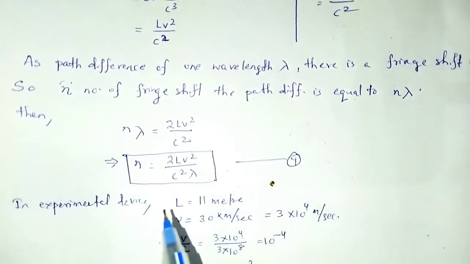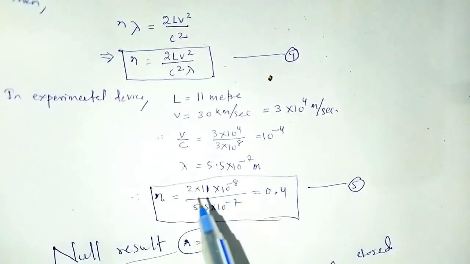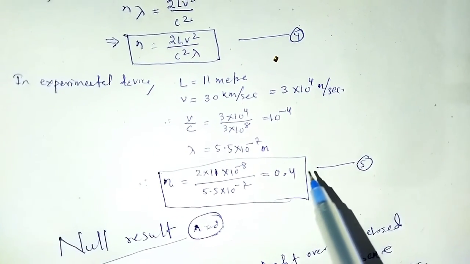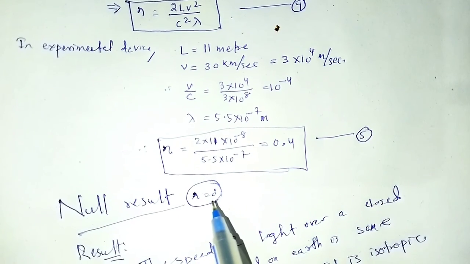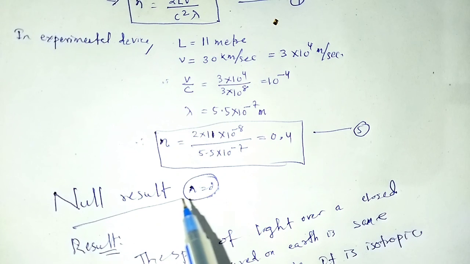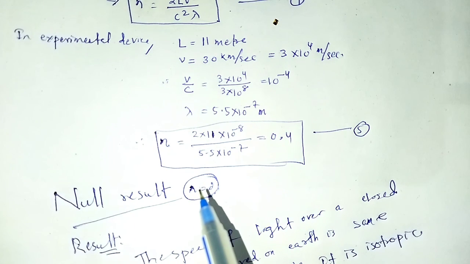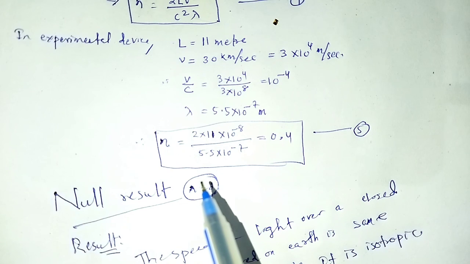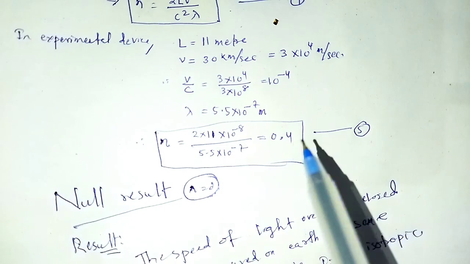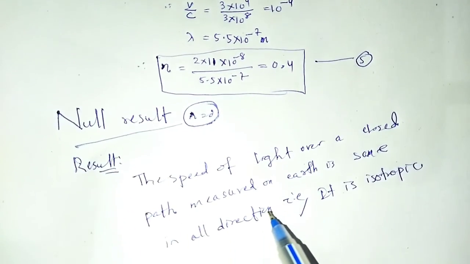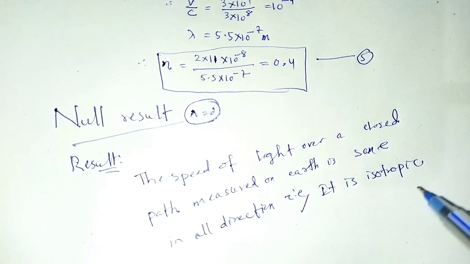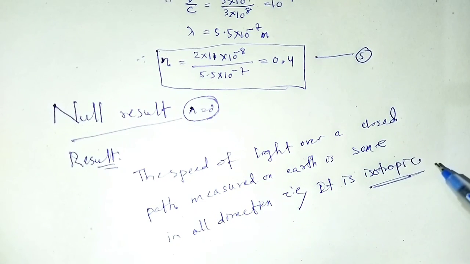So what should be the fringe shift? Using its values, we find the capability of the experimental device, but it provides a null result. That means the Michelson-Morley experiment gives a null result. That indicates there is no such medium like ether, a blow to the ether hypothesis. And the outcome: the speed of light over a closed path measured on earth is the same in all directions, that is, the speed of light is isotropic.